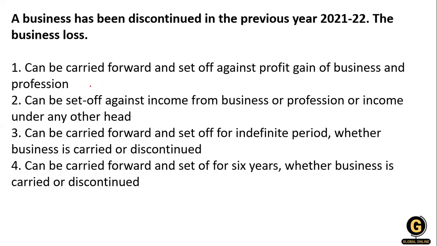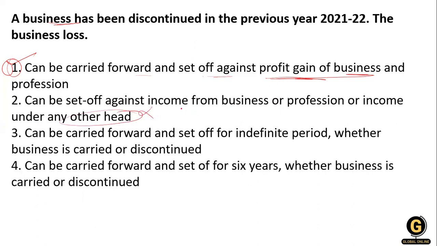Yes, the right answer is option A, that it can be carried forward and set off against the profits and gains from the business, because this is a loss from the business. So it has to be carried forward or set off against the profit and gains from business and profession. Can it be set off against income from business and profession under another head?